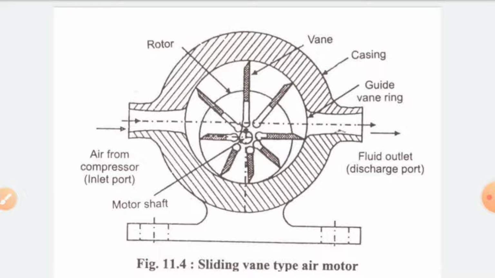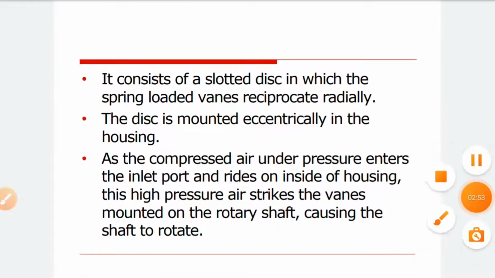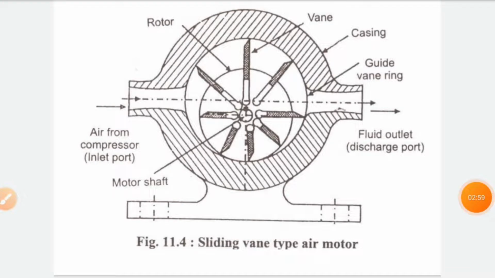This is a cross sectional view of a sliding vane type air motor. So this is the construction of a sliding vane type air motor.